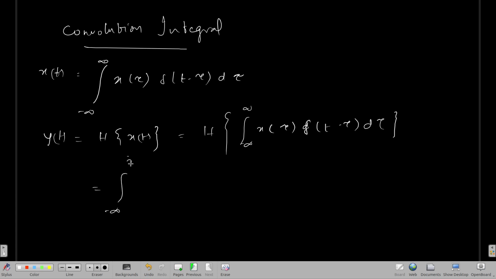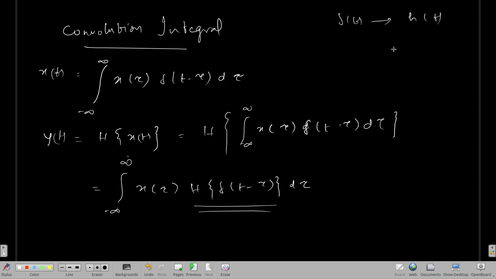Integral from minus infinity to infinity of x of tau H of delta of t minus tau d tau. Now what is this term? Basically we had defined that if we give delta of t, we get the impulse response h of t.